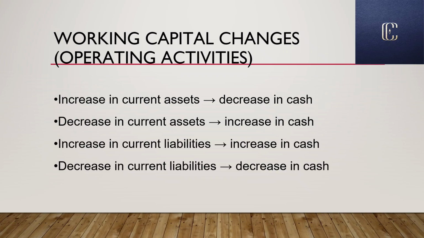This means more goods sold on credit, money not yet received, or cash stuck with customers. So cash decreases. Hence, we subtract the increase in current assets. For example, you sold goods but have not collected cash yet. That is the situation.